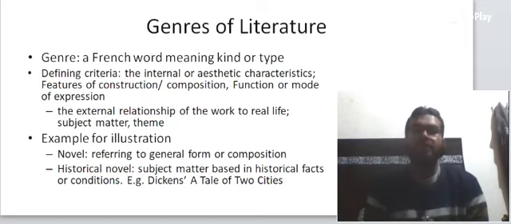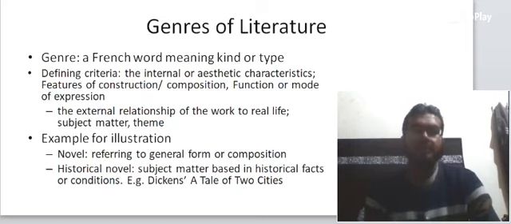Now, when we talk about these genres, we have basically several criteria to define these genres. First of all, we define them on the basis of their internal or aesthetic characteristics, traits or features which are found in these works.